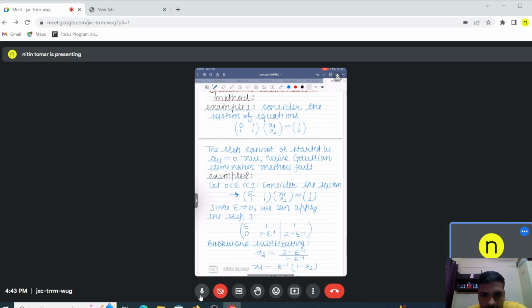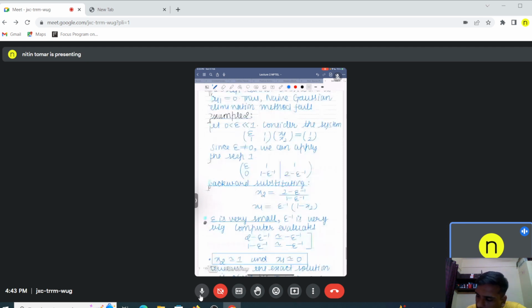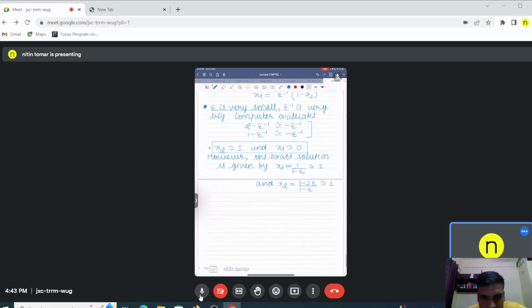But the machine also did approximation, so we can also do approximation, right? The machine approximation gives us 1 comma 0, correct? x2 to be 1 and x1 to be 0. With the same logic the machine used, if we apply it to our exact solution, since epsilon is very small, the denominator will be 1.